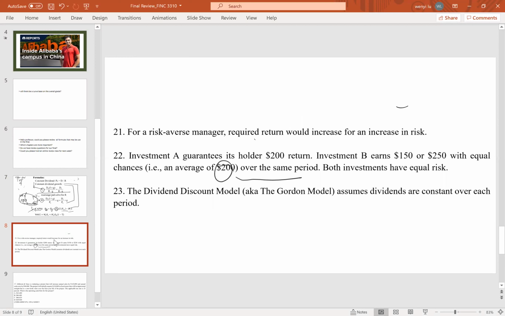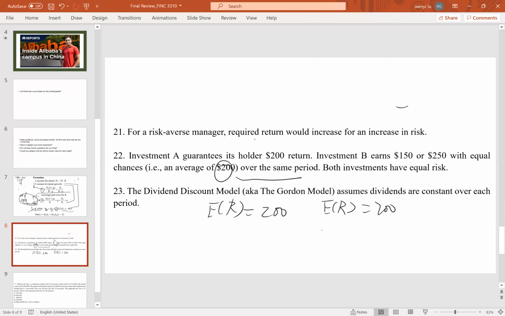So does that mean both investments have equal risk? It is not. Even though their expected returns are the same, both 200. For investment A, it is guaranteed, so that's a 200 return.